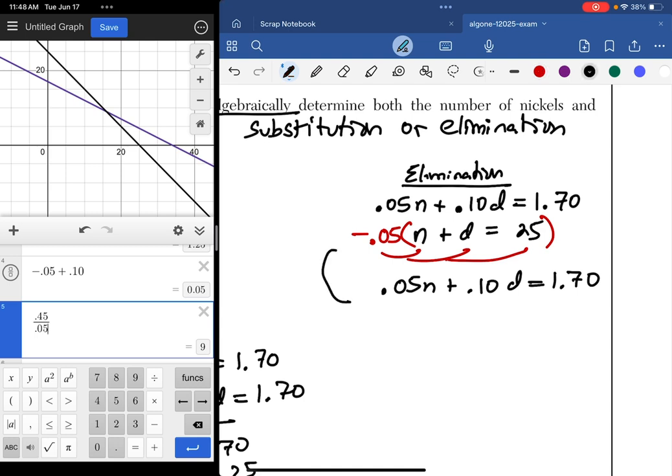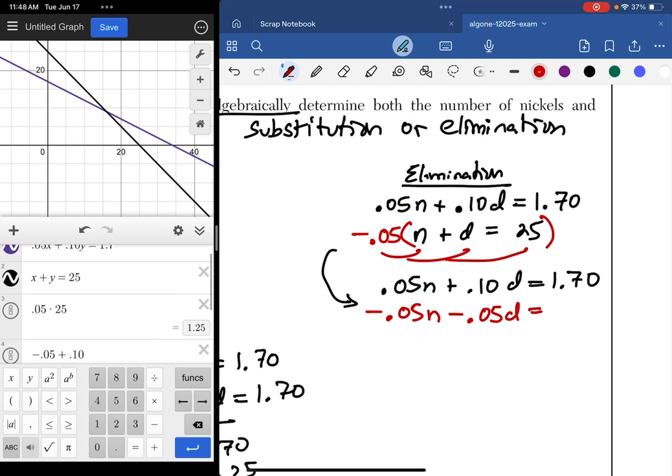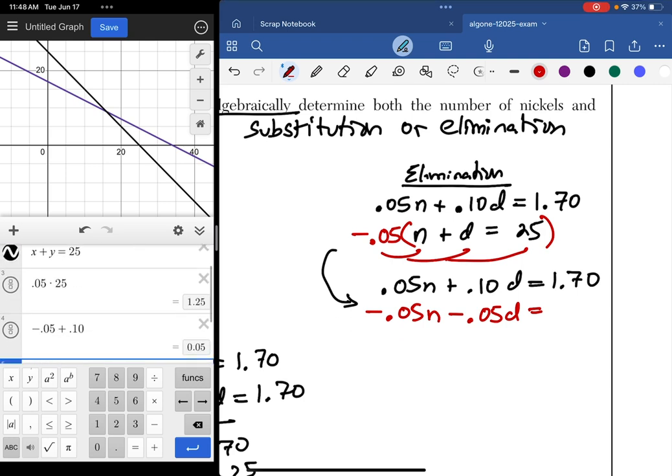So I'm going to bring it down here: negative 0.05n minus 0.05d equals, I know I did the calculation already here, 1.25. Sorry, negative 1.25.